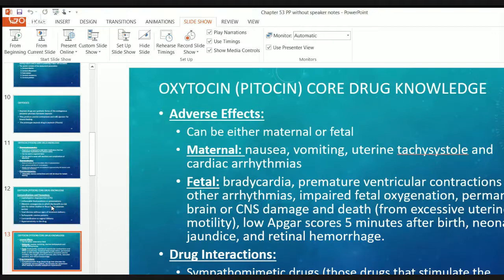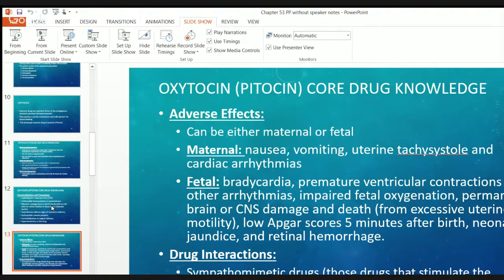So again, sometimes because of the effects of the medication, if the baby were overstimulated with the contractions and had some of these adverse effects, we may see the baby initially at 1 minute be okay and struggle at 5 minutes to continue to adapt to this extrauterine life. If that uterus is overstimulated with oxytocin, there is a possibility that the baby will show signs of distress after it's born.